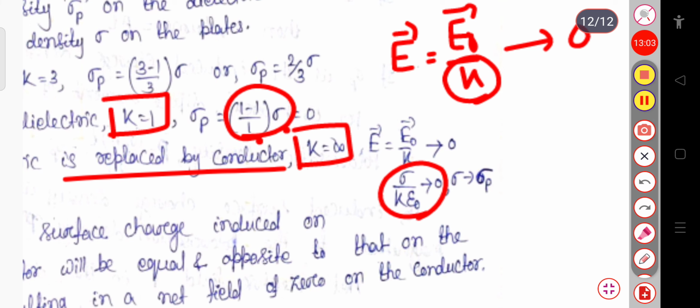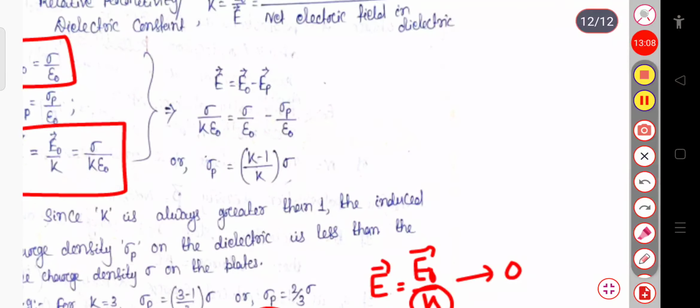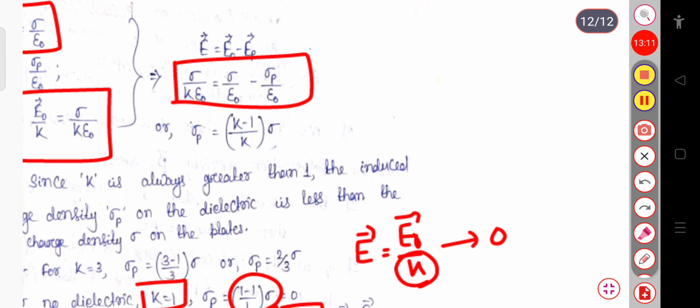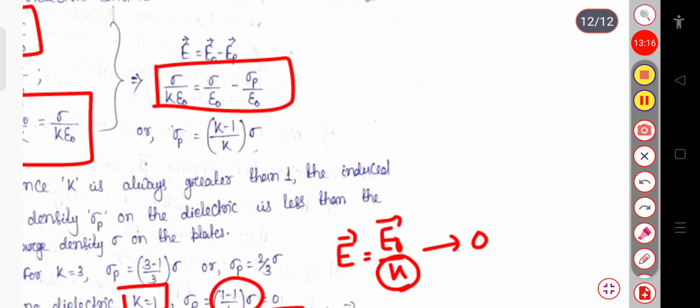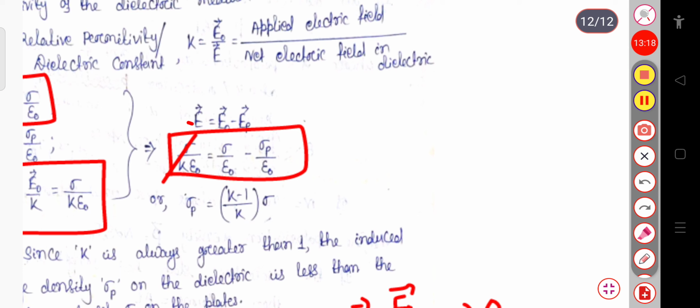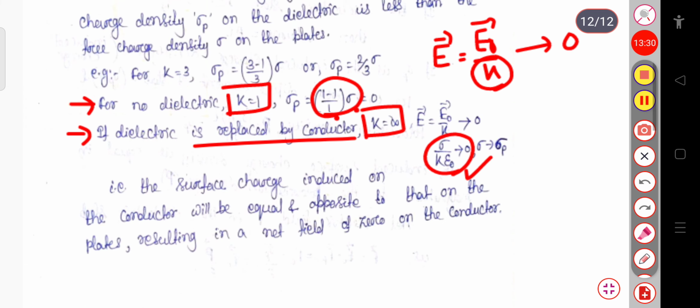So in this expression, if I put sigma by k epsilon naught equal to 0, then sigma by epsilon naught will be equal to sigma p divided by epsilon naught, or you can simply write sigma will be equal to sigma p. So the surface charge induced on the conductor will be equal and opposite to that on the plate, resulting in a net field of 0 on the conductor.